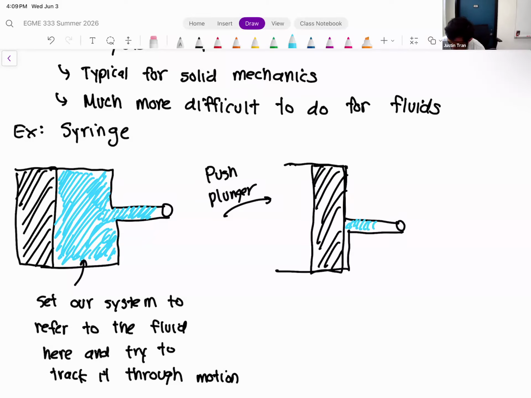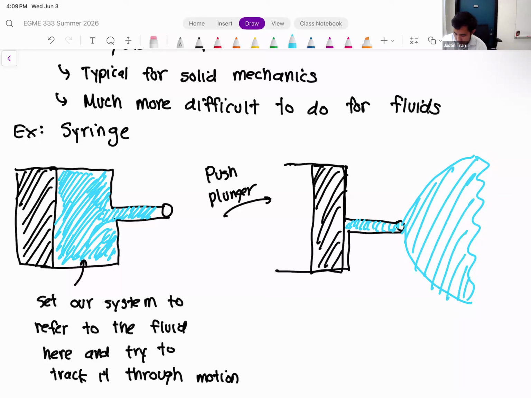So you may have some fluid still stuck in the needle, but that fluid is now spattered all throughout just like this. And so you can see it's a lot harder to track.